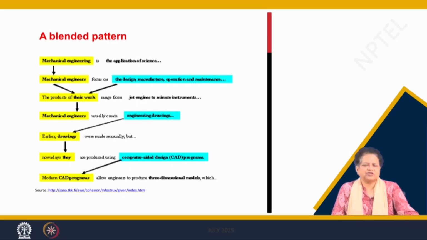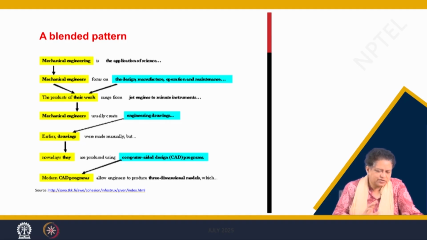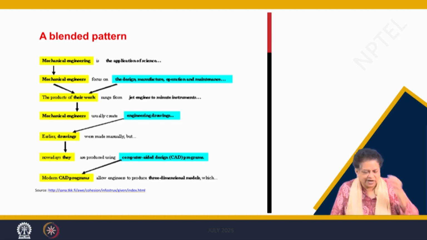Then there are examples of blended patterns, that is something in yellow. Mechanical engineering is the application of science. Mechanical engineers focus on the design, manufacture, operation and maintenance. Then the piece of their work, this is the place where the other sentence can be put together, range from XYZ.